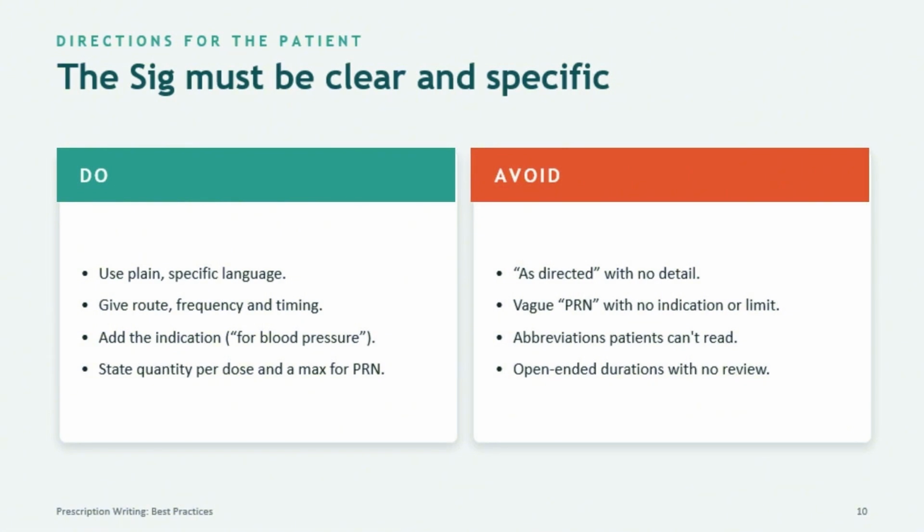And what to avoid: "as directed" with no detail, a vague PRN with no indication or limit, abbreviations your patient simply can't read, and open-ended durations with no plan for review. Write the SIG as if you're speaking directly to the person taking the medicine, because you are.